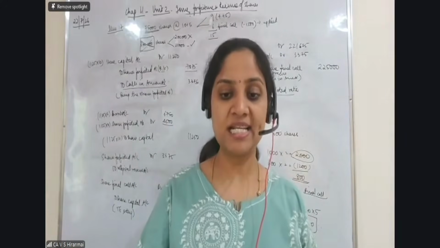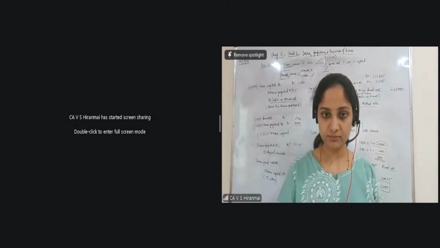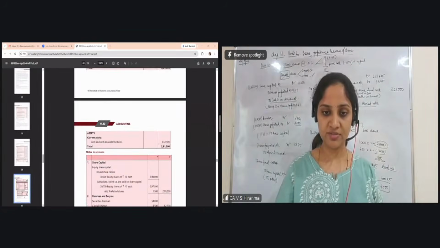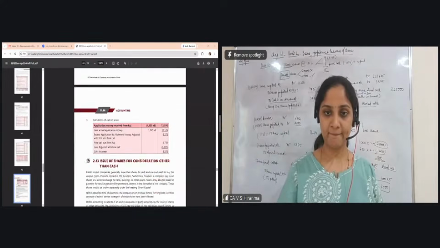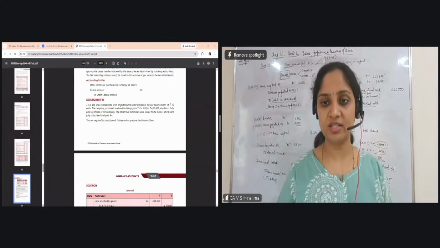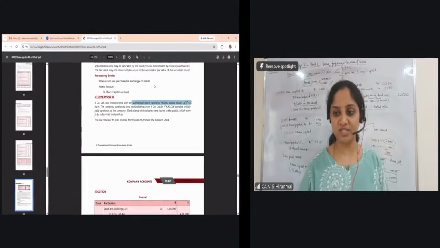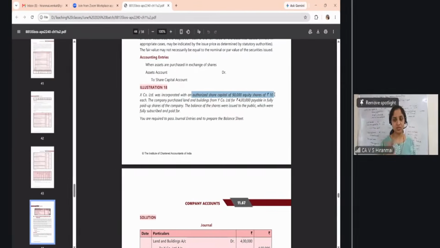Now let us see that particular example that is given to us here. X Limited was incorporated with an authorized capital of 90,000 equity shares of 10 rupees each. That means 9 lakh rupees is the total share capital.